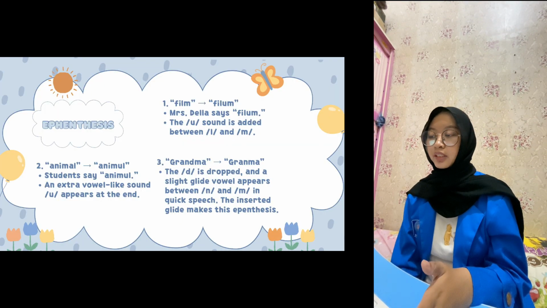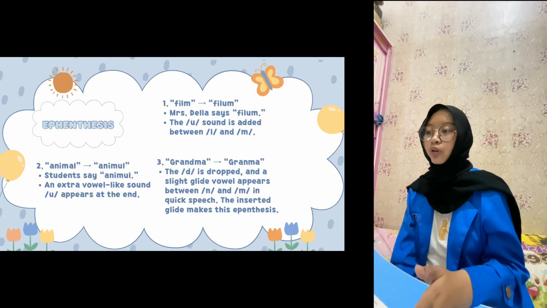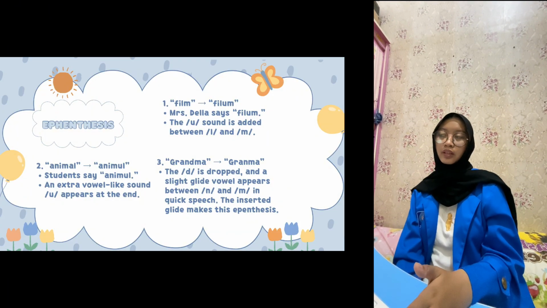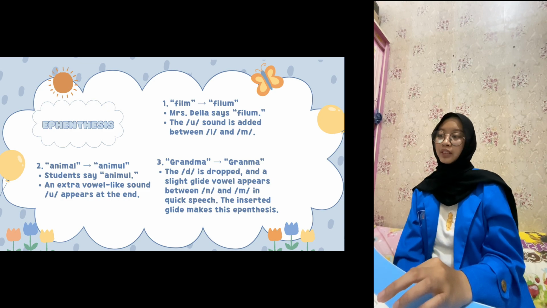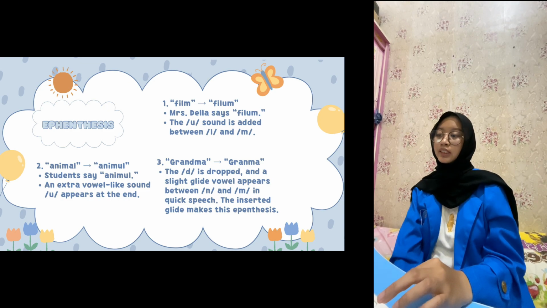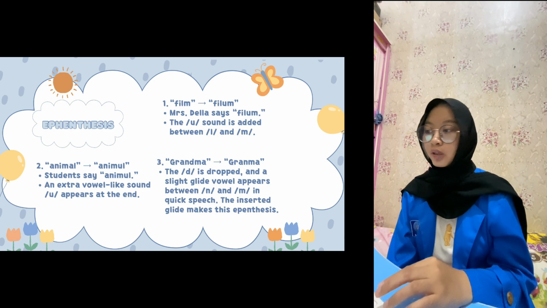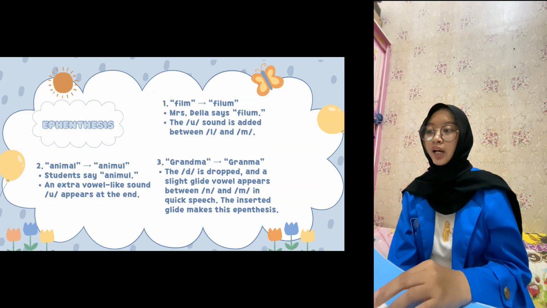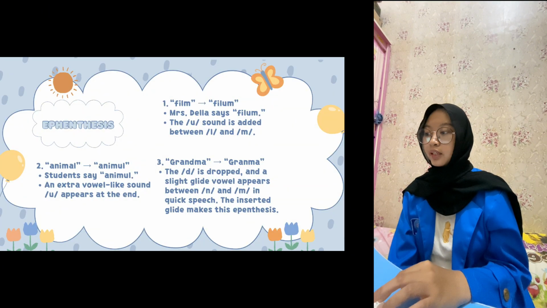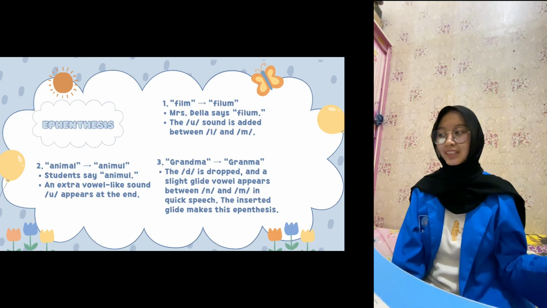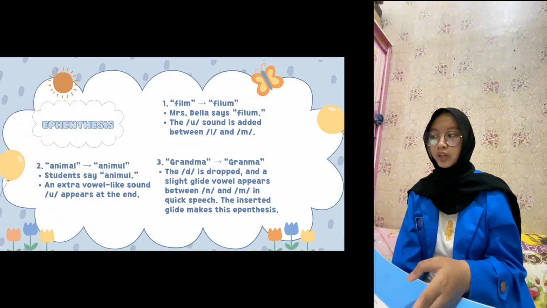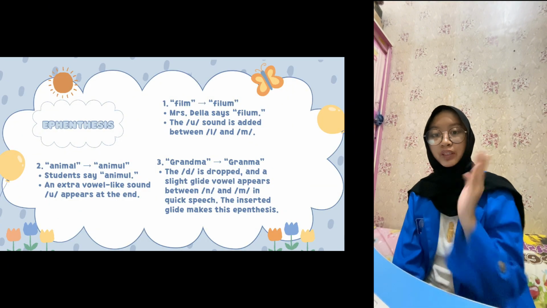Here it shows the word film becoming filum, which adds the letter U. So the passage shows Miss Della says filum, and the U sound is added between L and M. And animal itself, it's animal to aminal. It can appear as both epenthesis and metathesis.